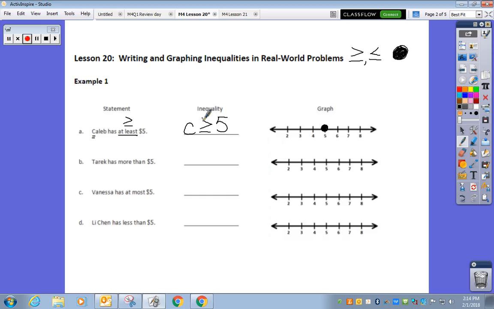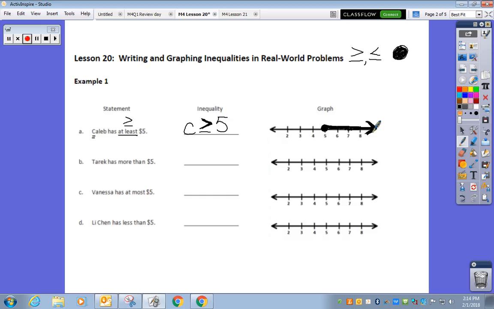Caleb's amount is greater than or equal to 5, so I want to shade the numbers greater than 5. And this could continue on because he could have more than $8 as well. Also remember, if our variable is first, the symbol will show us which way to shade. And that symbol is also seen right here at the end of our number line.